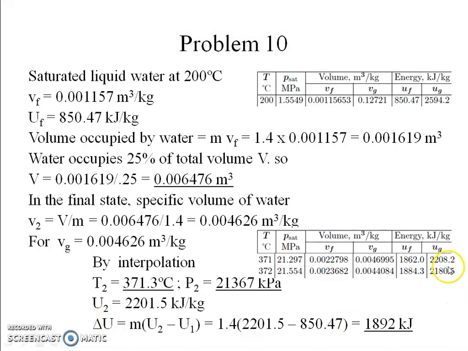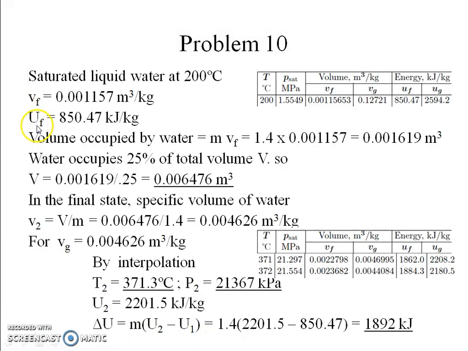If you linearly interpolate between these two points, you get 2201.5 kilojoules per kg. So the internal energy U2 is calculated. Then the change in internal energy is mass times U2 minus U1.